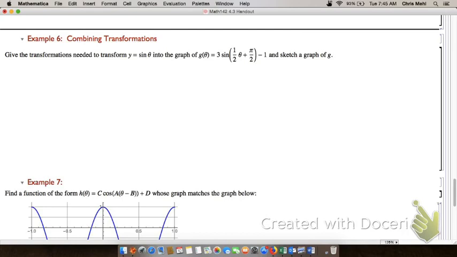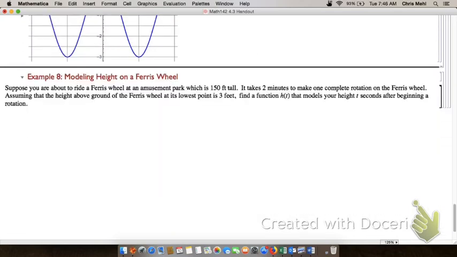I'll do examples 6, 7, and 8 tomorrow morning, talking about how to combine transformations, and we'll do both approaches. We'll start with the function in algebraic form, sketch a graph, and then we'll also be starting with the graph and trying to identify an algebraic form, and then finally, example 8, we'll be modeling height on a Ferris wheel with a periodic function, either a transformed sine or cosine function.